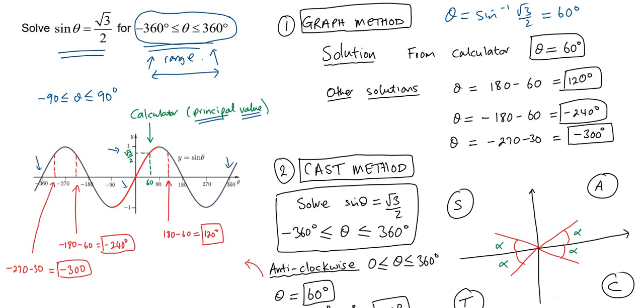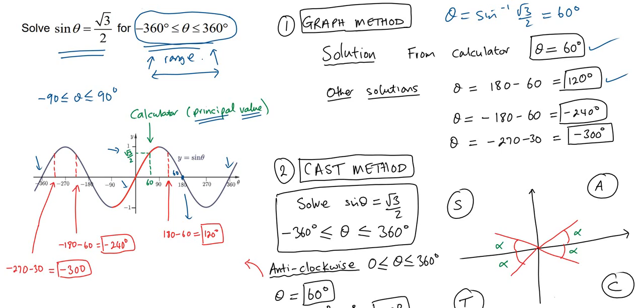We use the symmetry of the graph to work out the other values. If this is 60 degrees, the next value, this is 180 here, so for this one it's just 180 minus 60, so that's 120 degrees. So we've got this value and this value so far.